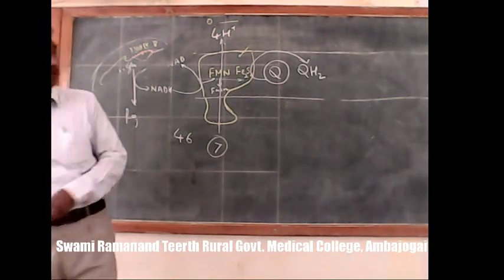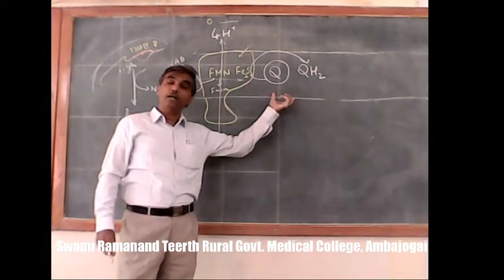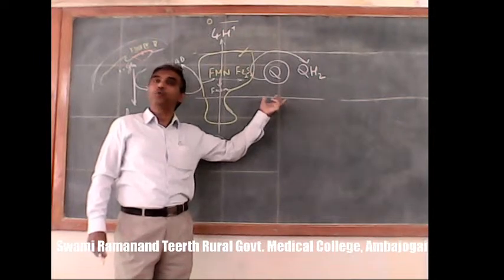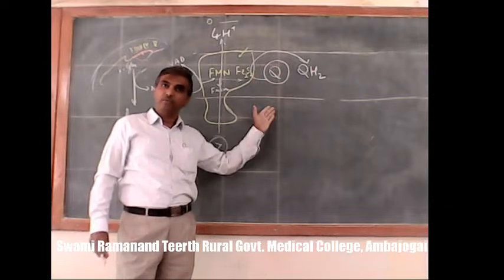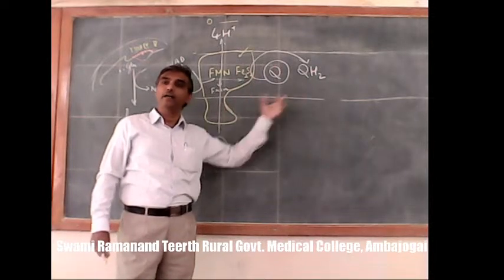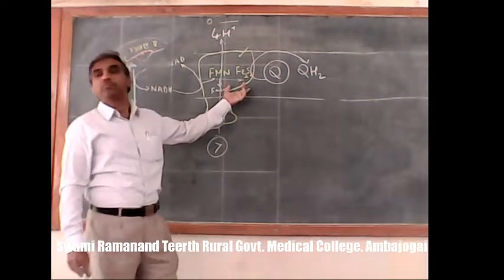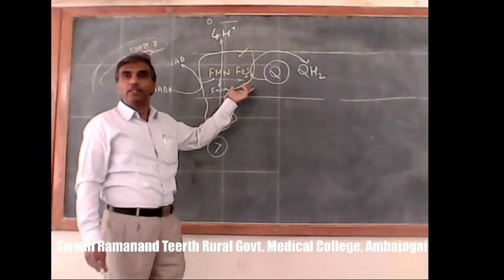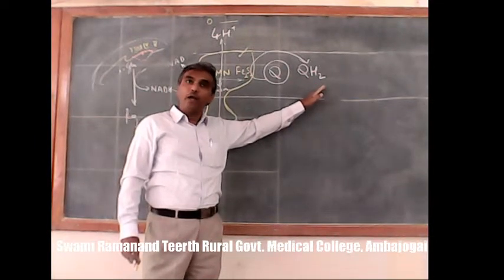So this is complex 1, where the reducing equivalents are transferred to the ubiquinone. Ubiquinone is nothing but a lipid carrier, a lipid which contains isoprenoid in it, and due to that it can move vertically and horizontally in the inner mitochondrial space. It carries the reducing equivalents and gets converted into QH2, reduced phenol. This is phenol, this is quinone.